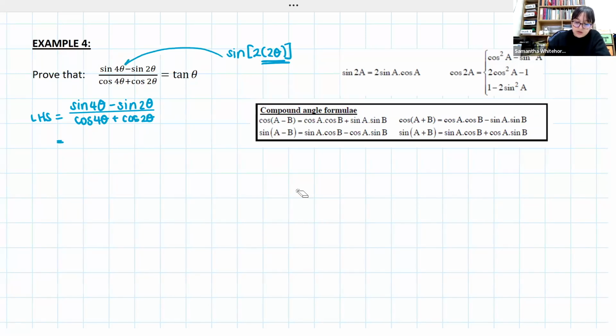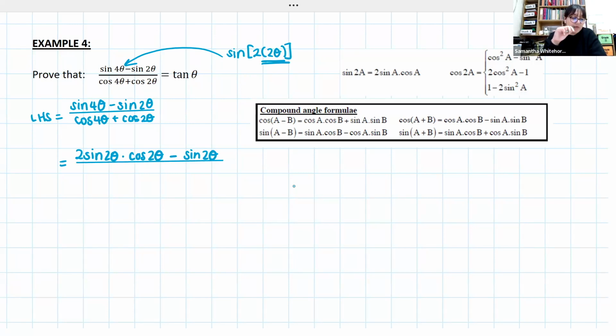It expands to, sorry guys, it looks like I'm going to have to go a line down. 2 sine 2 theta times cos 2 theta, minus sine 2 theta. I'm going to deal with that just now because what I see is that now in my numerator, all of my angles are the same. That's quite useful because if I needed to factorize, remember angles need to be the same. So I'll deal with the sine 2 theta if I need to.